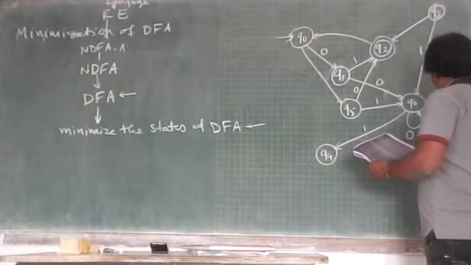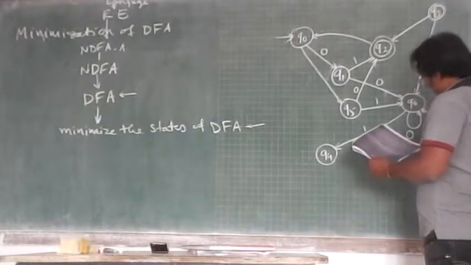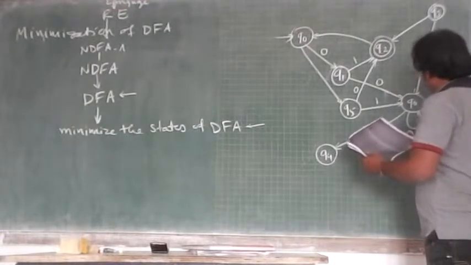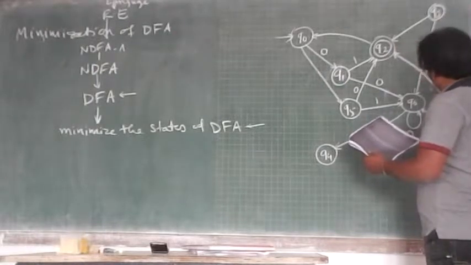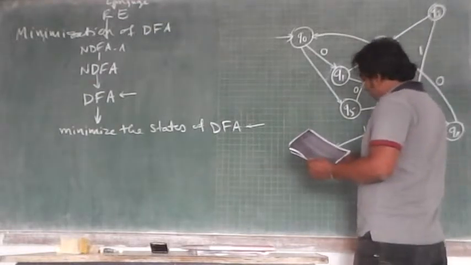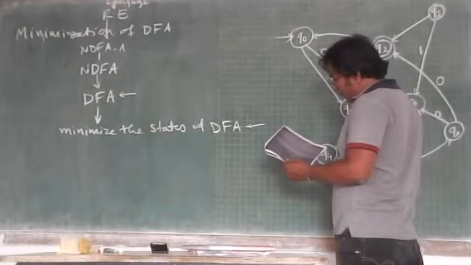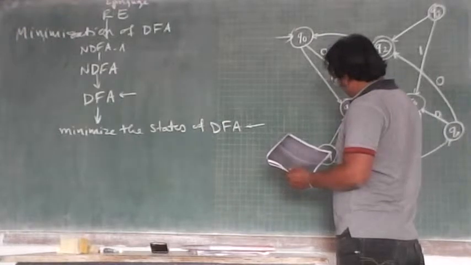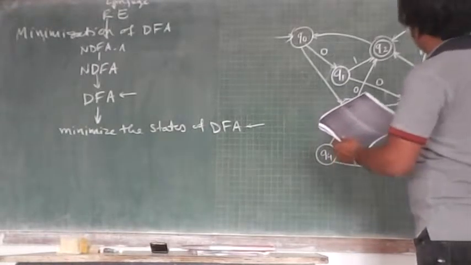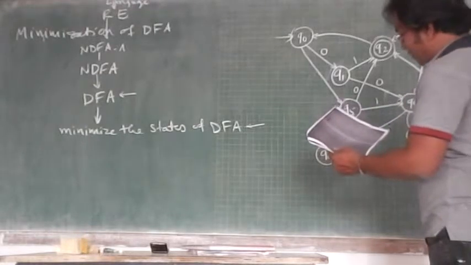There is a state Q7, and for 0 from Q7 you come to Q6, and from Q7 for 1 you go to Q2, and from Q4 for 0 you go to Q7, and from Q4 for 1 you go to Q5. This is the finite automata.